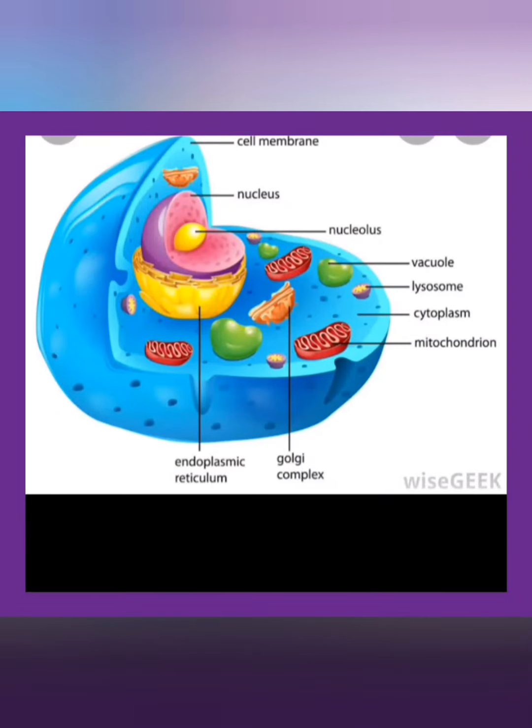So you can see in this cell, mitochondrion is the singular form of mitochondria. Here there is one. Mitochondria are tiny bodies, either round or oval in shape. Mitochondria are present both in animal cell as well as in plant cell.